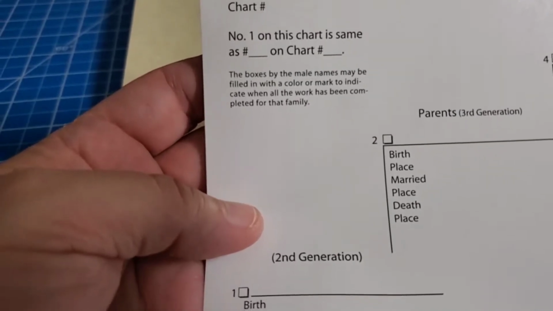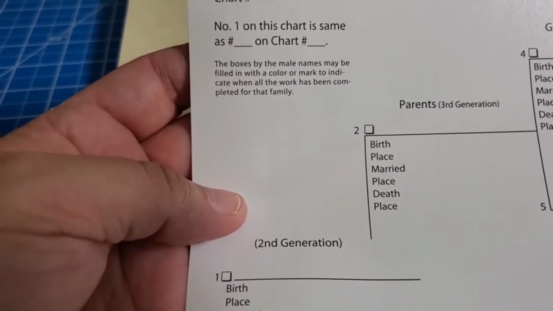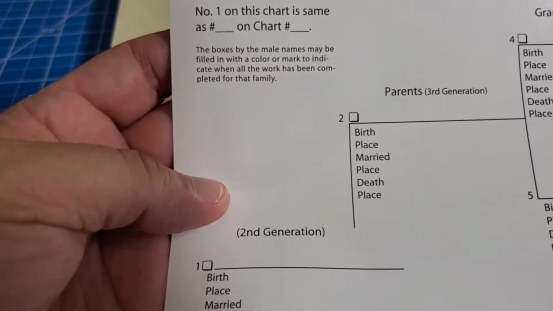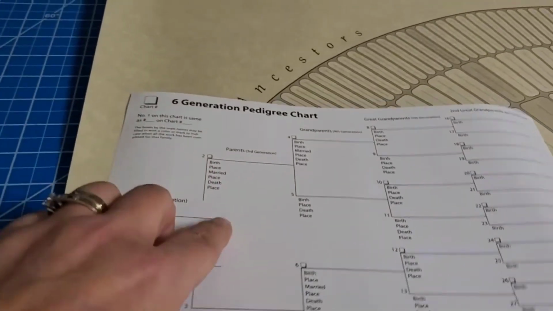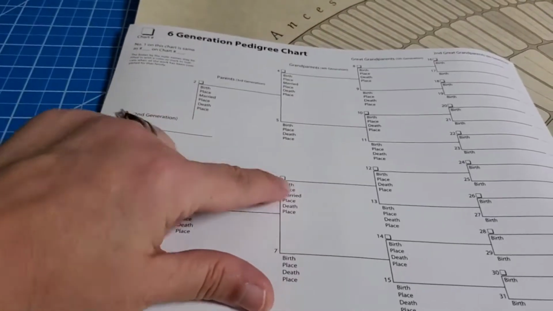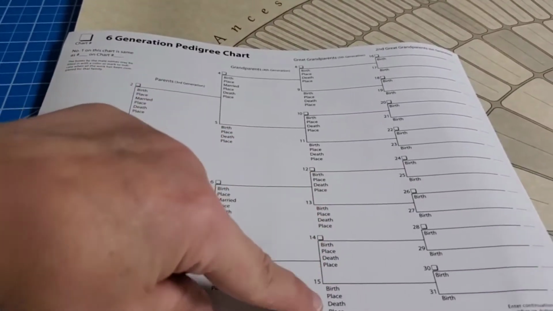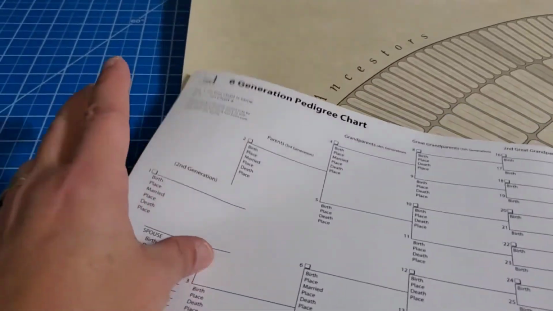And then the boxes by the male names may be filled in with color or mark to indicate when all work has been completed for that family. So they've got the male side is the top and the bottom side is the female. Male, female, male, female, male, female. I would have preferred to have check marks on everything, but I can do that myself.